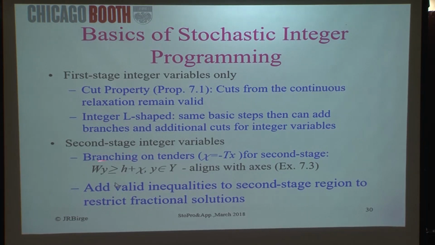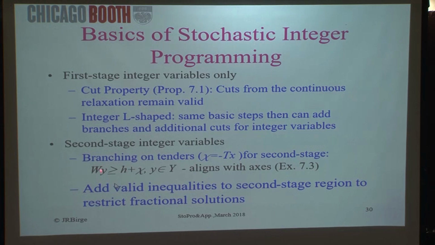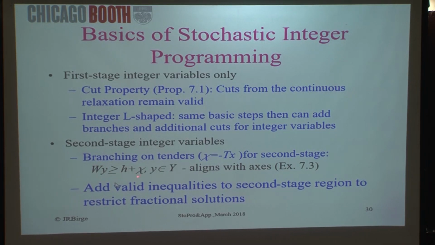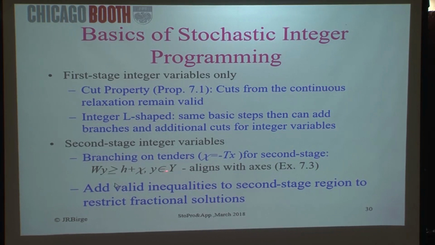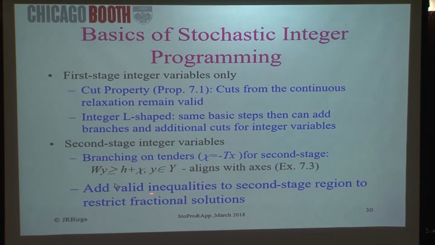If the integer variables are in the second stage, then it becomes a little bit more difficult. You can branch on possible values of your x, and that may affect what happens in the second stage. The other thing you may want to do is to add in inequalities in the second stage to prevent having fractional solutions.